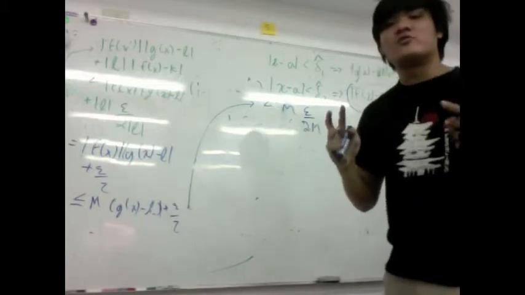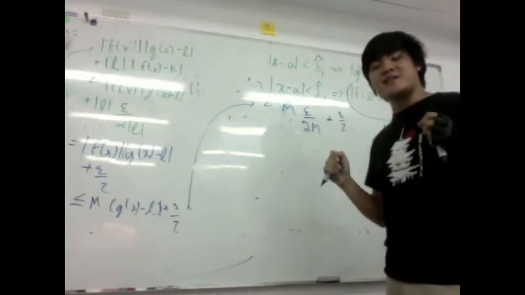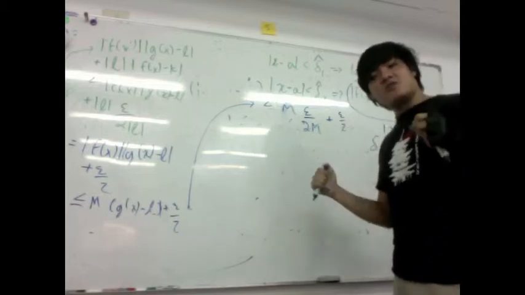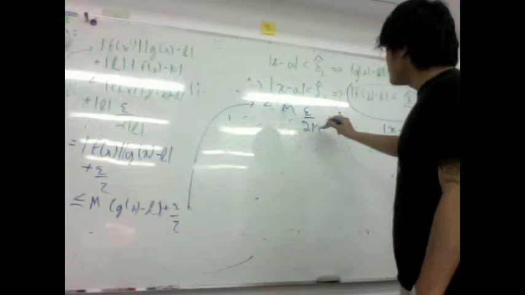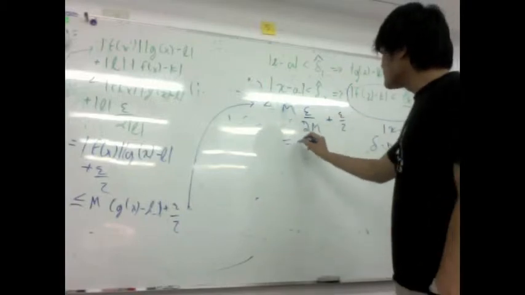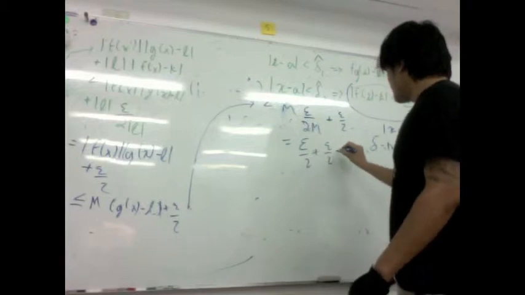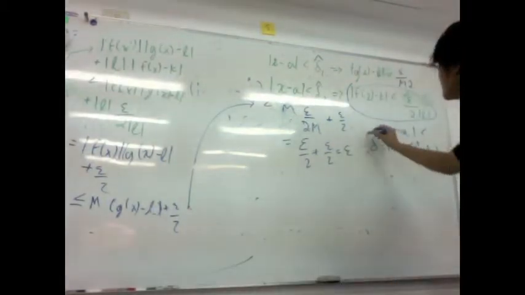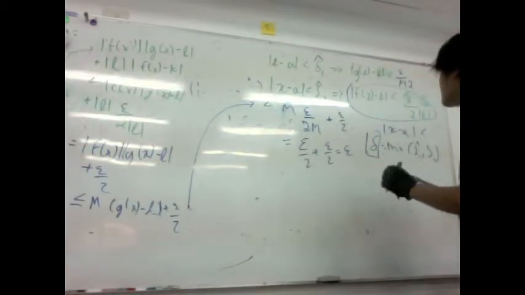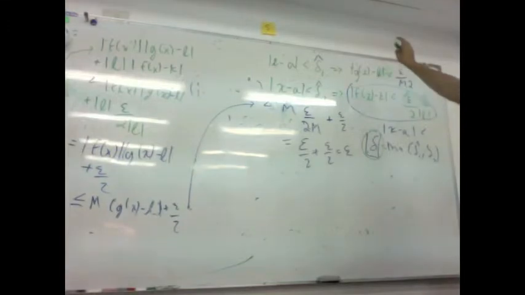Because that's all epsilon-delta really is: causing inequality, choosing the right delta for the necessary inequalities to be true. So this is less than M times epsilon over 2M plus epsilon over 2, which is equal to epsilon over 2 plus epsilon over 2, which is equal to epsilon. So therefore it's continuous, because if you choose this magical delta, it causes these special epsilons to be true.